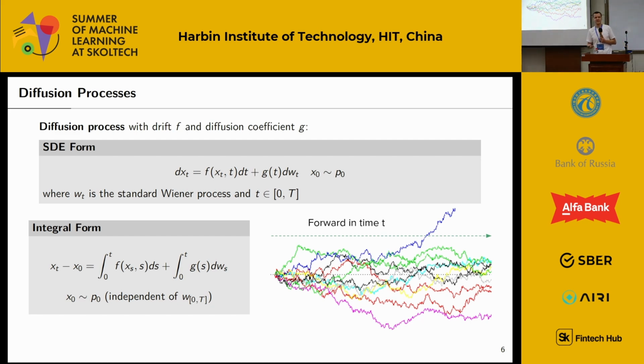Of course, there are many different types of stochastic differential equations to consider, but within the context of generative modeling, and in particular within the context of our lecture, we will consider only a particular type of stochastic differential equations of this form. So basically, what is that? This stochastic differential equation says that we have a random process, xt, the evolution of which is governed by two things. The first thing is the drift, basically the speed vector, how our point moves in space.